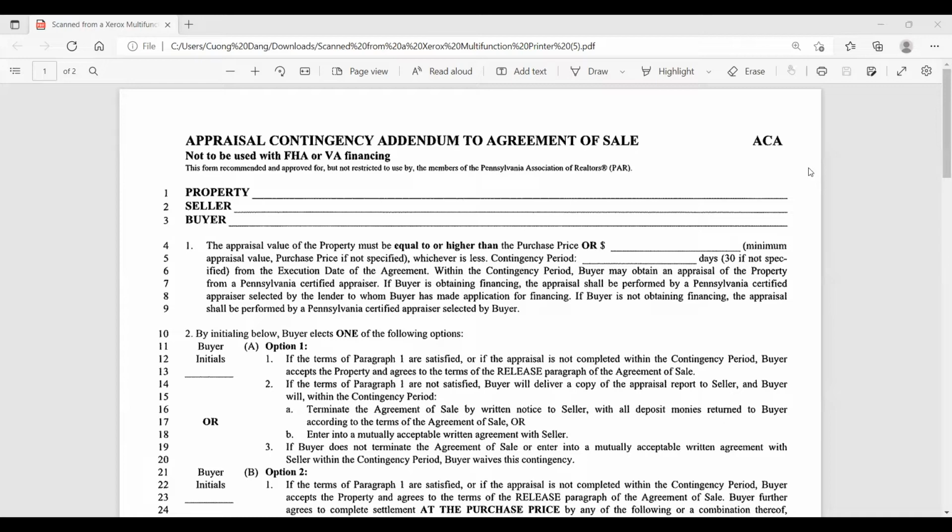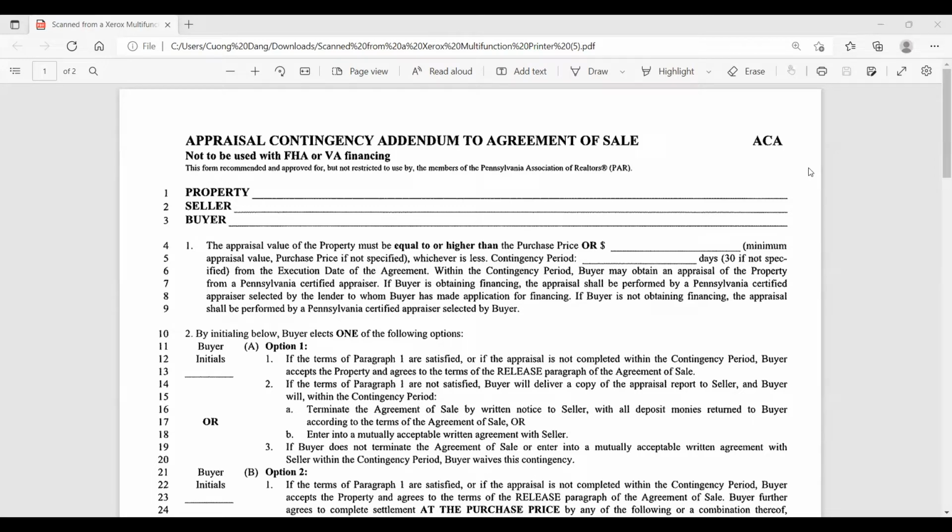It states the appraisal value of the property must be equal to or higher than the purchase price or blank, minimum appraisal value, purchase price if not specified, whichever is less, okay? So the key words there, and they highlighted it, are equal to or higher than the purchase price, and then at the end, comma, whichever is less.